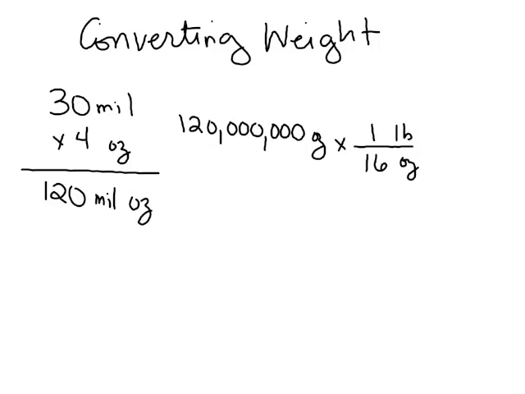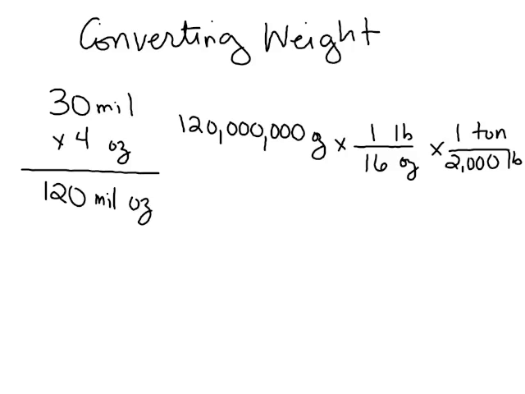Okay, so we'll figure out how many pounds, and then we need to go from pounds to tons. What's the conversion ratio? 1 ton is equal to 2,000 pounds.